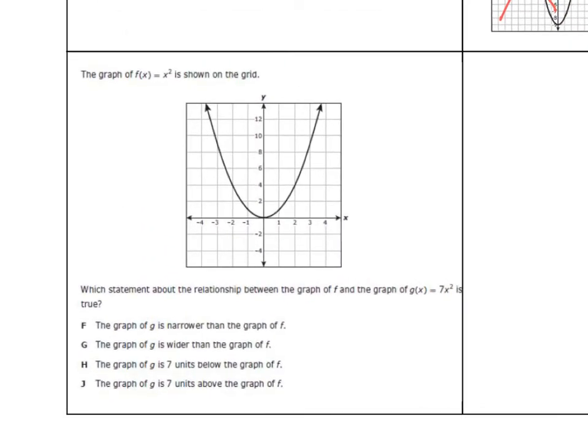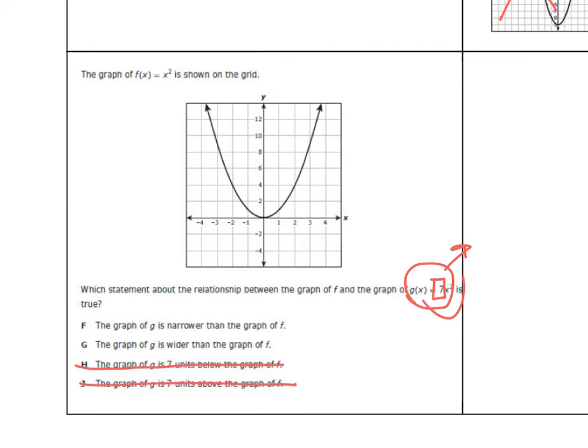Last one, the graph of f of x equals x squared is shown on the grid. Which statement about the relationship between f and the graph of g of x equals 7x squared is true? Remember, if this number is before the x squared, that makes it more narrow or more wide, so we can go ahead and cross off h and j.